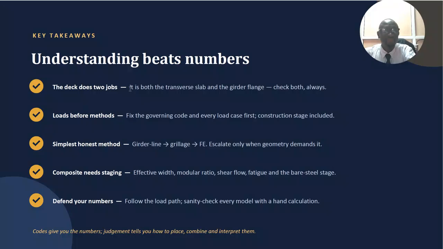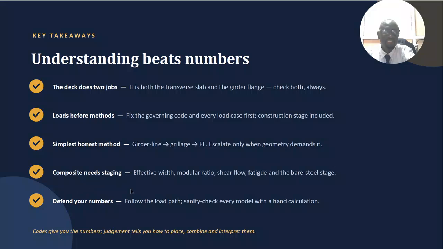Key takeaways: understand the basics. The deck does two jobs. It is both the transverse slab and the girder frame. Check both always. Loads before methods. Fix the governing code and every load case first. Construction stage included. Simplest honest method: girder line, grillage, FE; escalate only when geometry demands it.